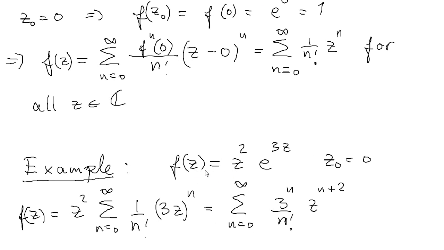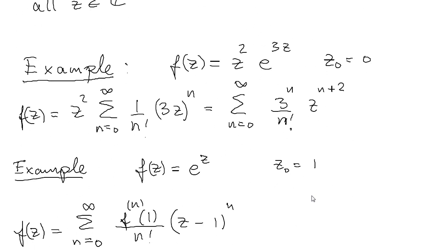Consider, for example, a case when f of z is equal to z squared multiplied with the exponential function of 3z. Again, we are going to consider z0 equal to 0, which is the case when we have a Maclaurin series. Then we already know what this is, because we know the expression for the Taylor series in the case when we have the exponential function of z.